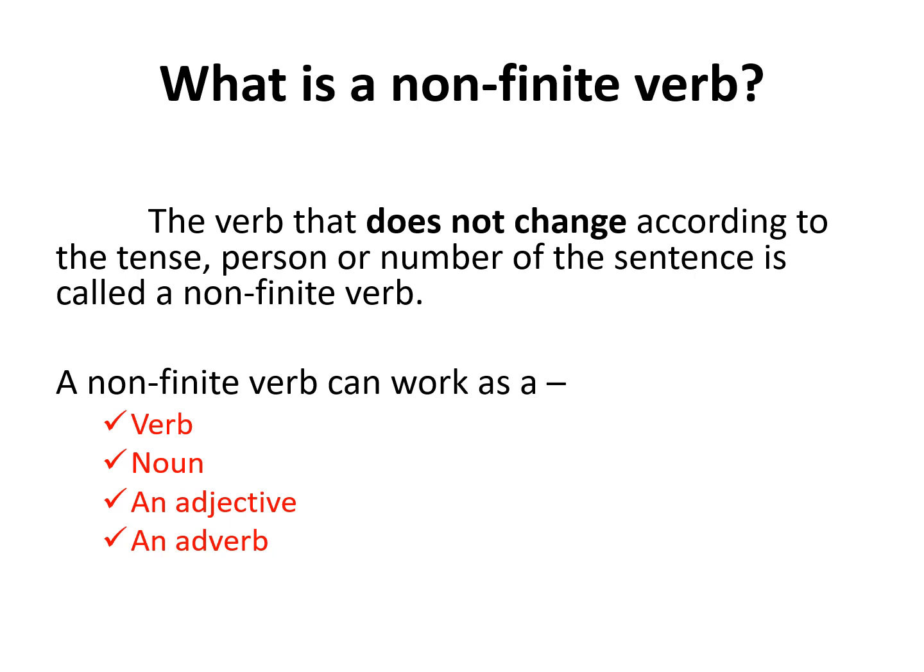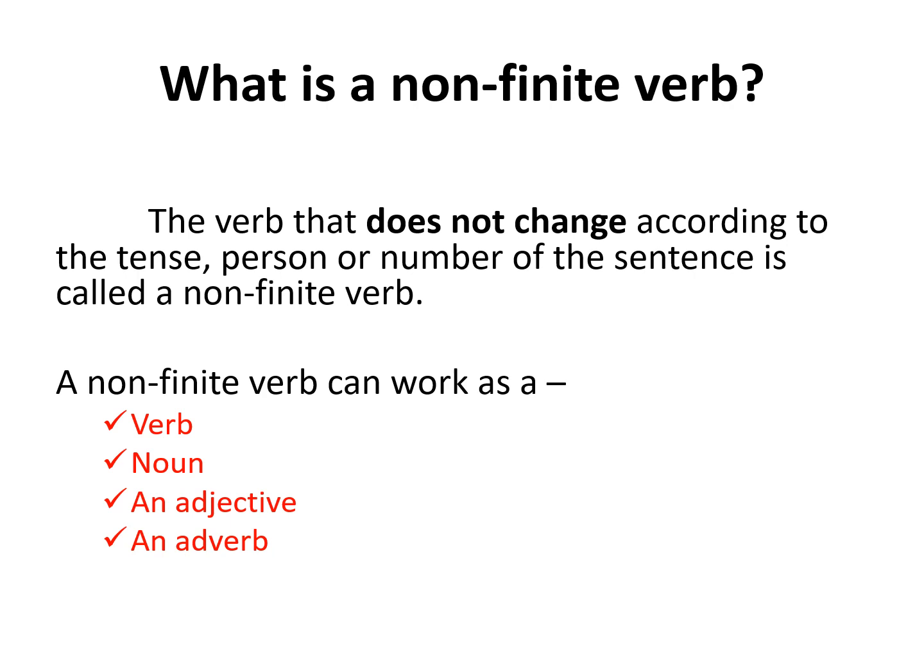Though a non-finite verb is a verb, it can work as a noun, an adjective, and an adverb. So we understand that rather than acting as a verb only, a non-finite verb is used in a sentence as a noun, an adjective, and an adverb.